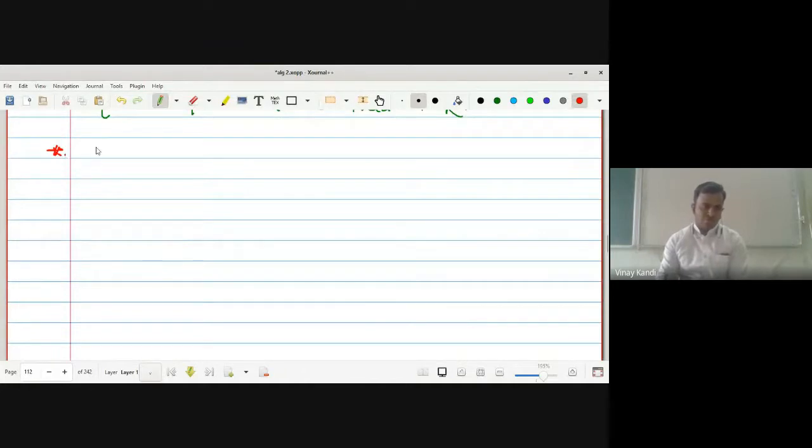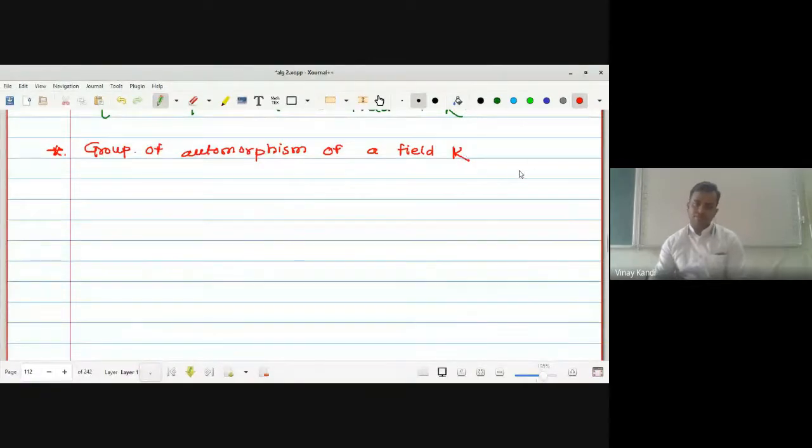Group of automorphisms of a field capital K relative to subfield F of capital K. Okay, heading it was present.